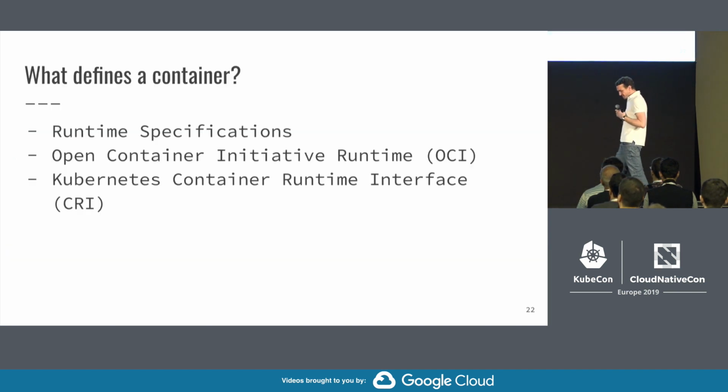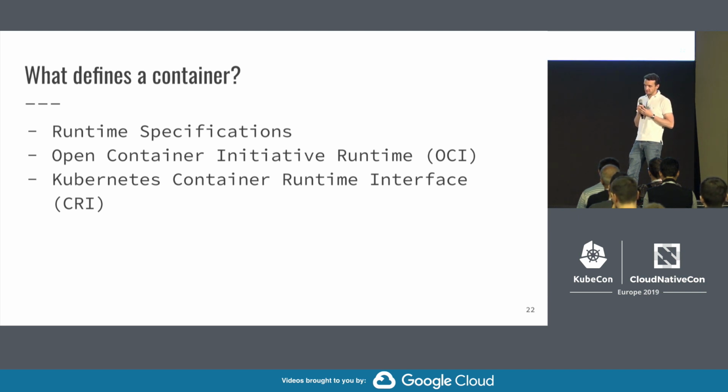So before going into more details about this, we need to understand what it means for a VMM to support all container workloads. And we need to understand what a container runtime needs to do. To do that, we're going to look at specific container runtime specifications. We could look at the OCI one, which is a low-level specification for container runtimes. But instead, we're going to focus on the Kubernetes CRI specification.